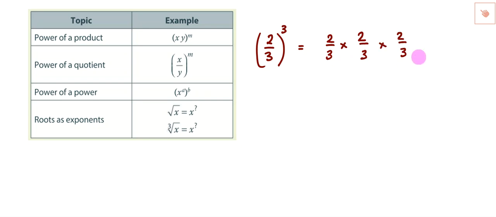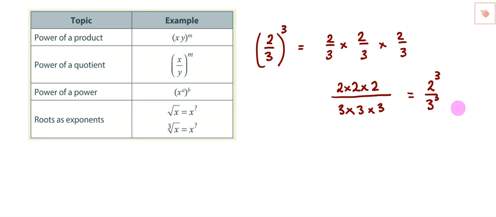And hopefully you'll remember from your fraction work that when you multiply fractions, you multiply the numerators and you multiply the denominators. So without working that out, you can now see that could be written as 2 cubed over 3 cubed, which could be simplified to 8 over 27.